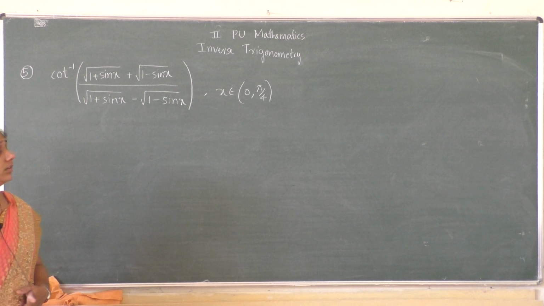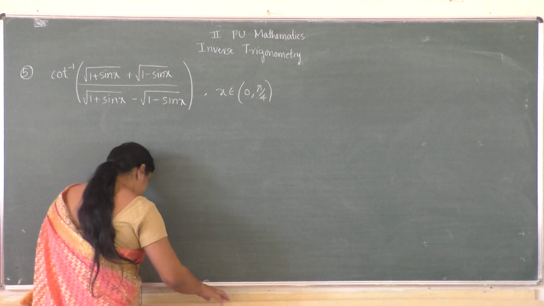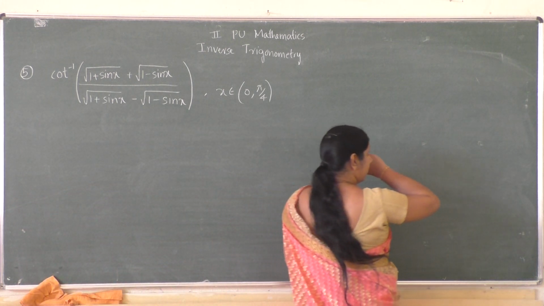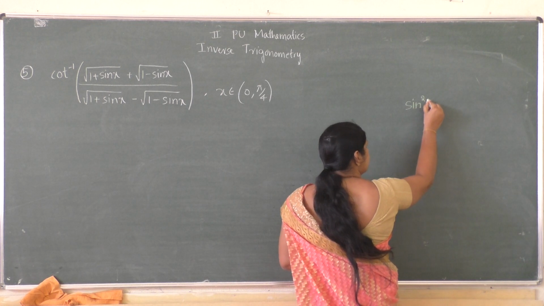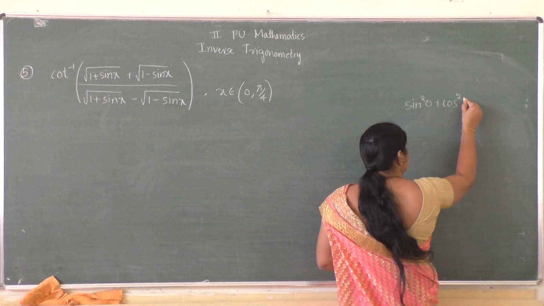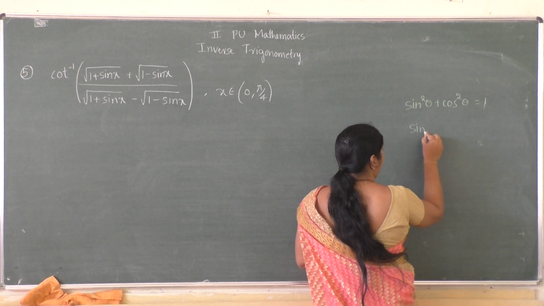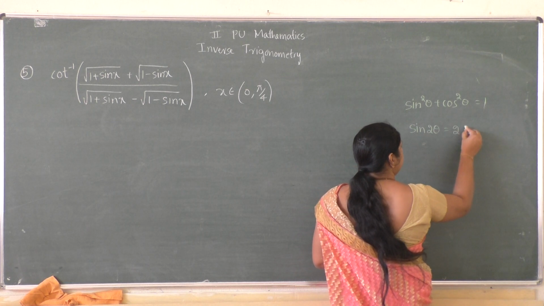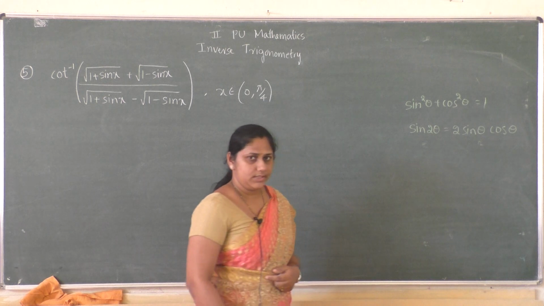So what is the question given? Cot inverse of root 1 plus sin x plus root 1 minus sin x divided by root 1 plus sin x minus root 1 minus sin x. So let us recall some trigonometric formulas. We have the trigonometric identity sin square theta plus cos square theta equal to 1, and the formula for sin 2 theta, that is 2 sin theta cos theta.